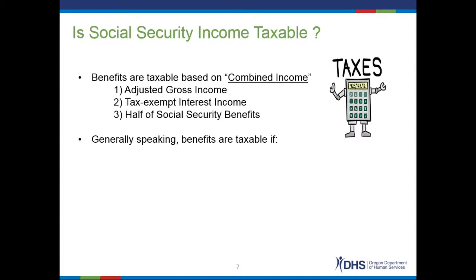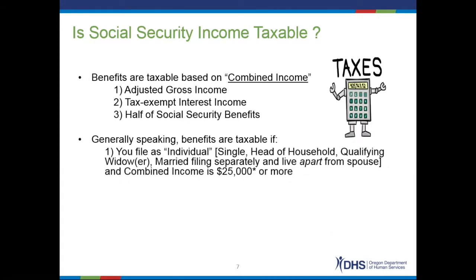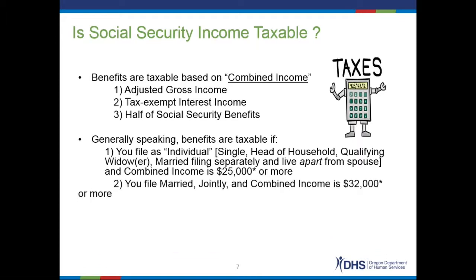So generally speaking, Social Security benefits are taxable if you file as an individual, single, head of household, or qualifying widower, married filing separately, and live apart from spouse. And combined income is $25,000 or more. See, I said it's complicated.